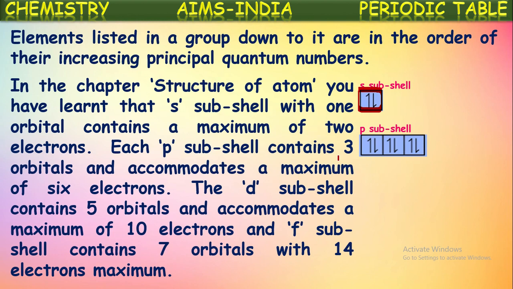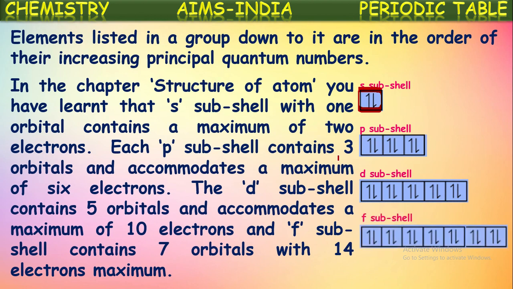The d subshell has 5 orbitals. We know each orbital can accommodate a maximum of 2 electrons. Now how many electrons can the d subshell accommodate? A total of 10 electrons maximum.